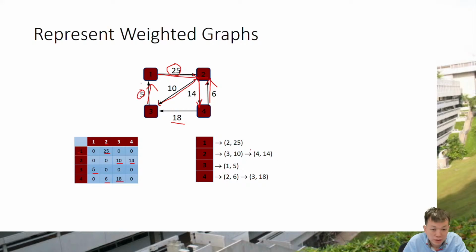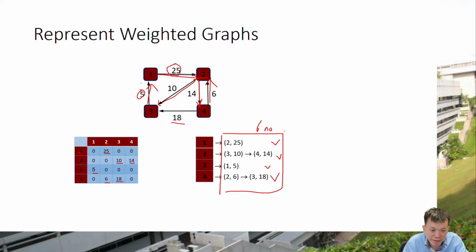And this one is the corresponding adjacency list. Now the number of list nodes here is only 6, just nice that I only have 6 directed edges. For a directed graph, it's not 2 times.